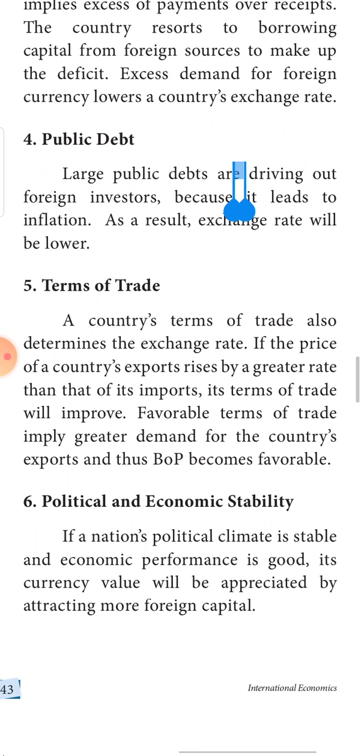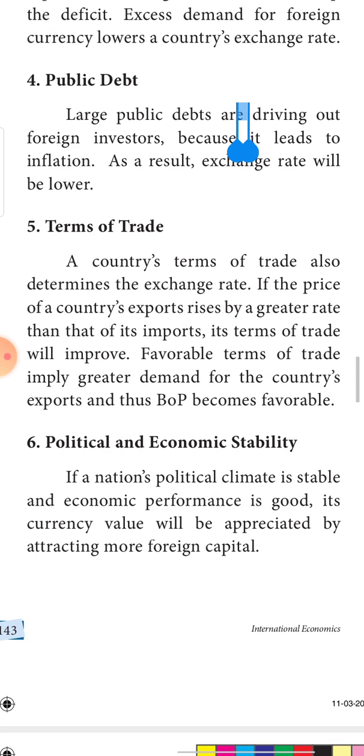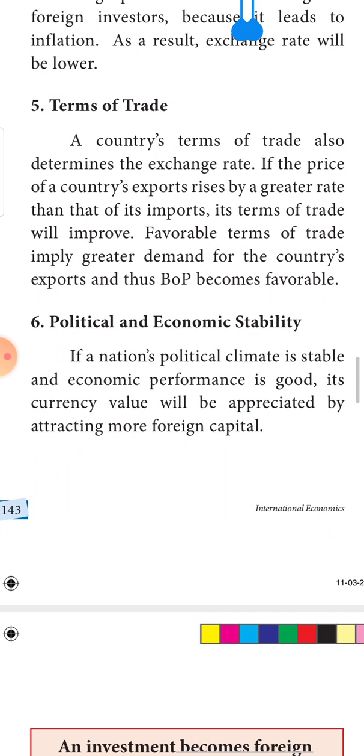Next is terms of trade. The terms of trade also determines exchange rate. Suppose the price of a country's exports rises relative to our imports, it means the terms of trade will improve. When terms of trade is improving, exchange rate also will improve. Next is good political stability.